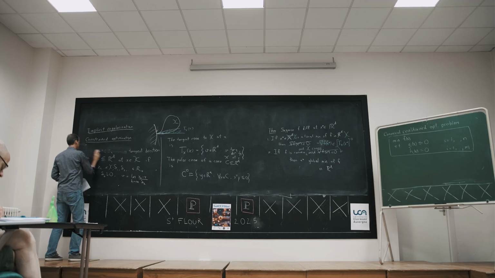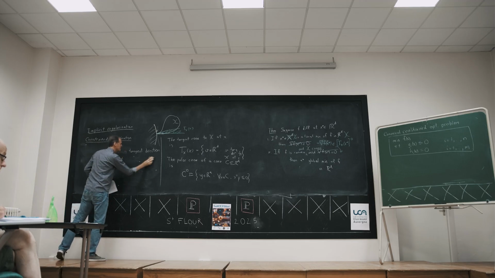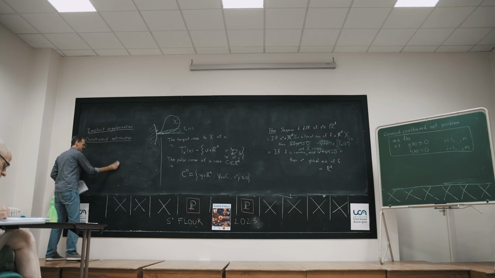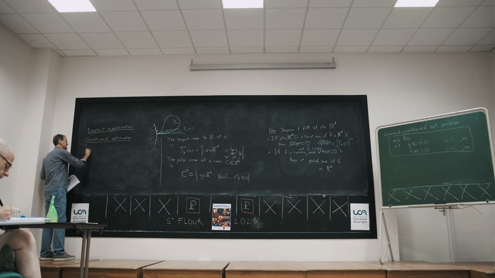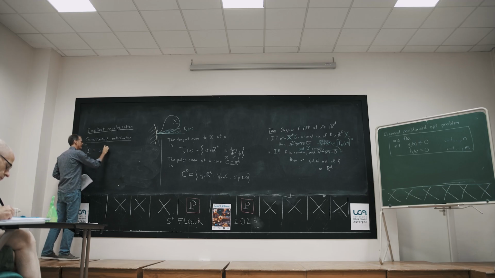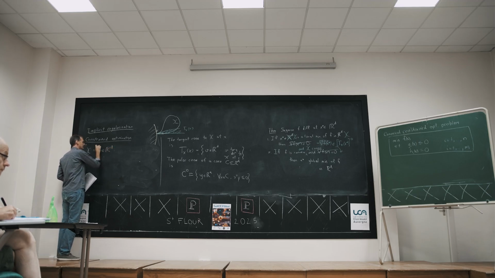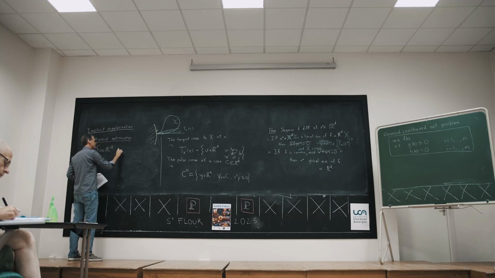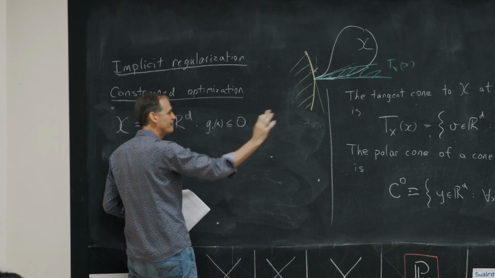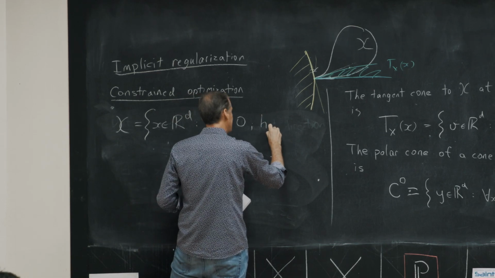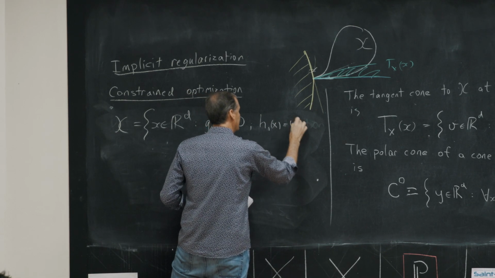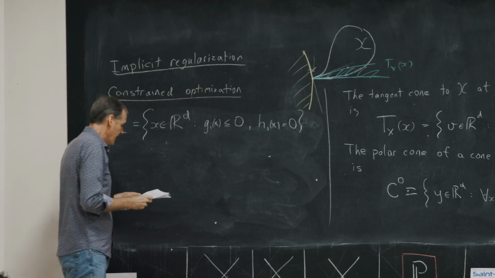So with this definition, that's our set X, our constraint set. It's the set of points that have g_i of x less than or equal to 0 for i going from 1 to n, and h_i of x equal to 0.